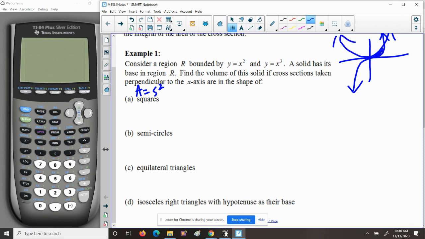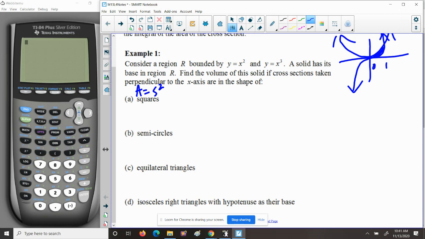We've already used this example before. These intersect at 0 and 1. And on this interval from 0 to 1, x squared is your upper, x cubed is your lower, because we're dealing with fractions.